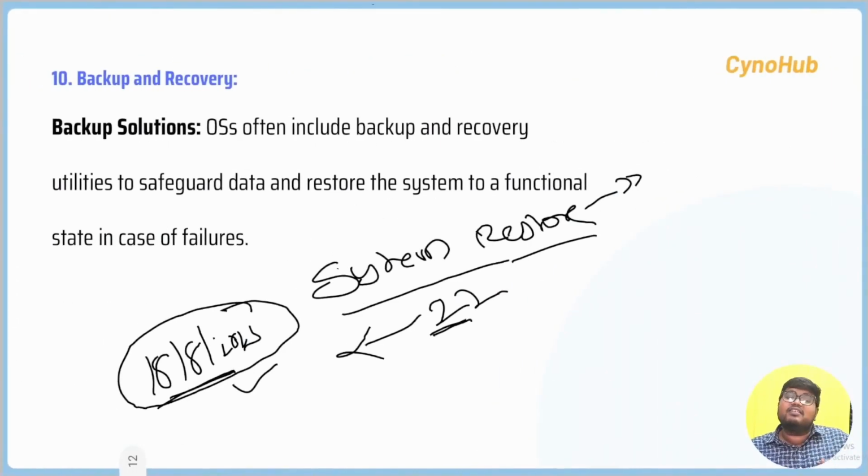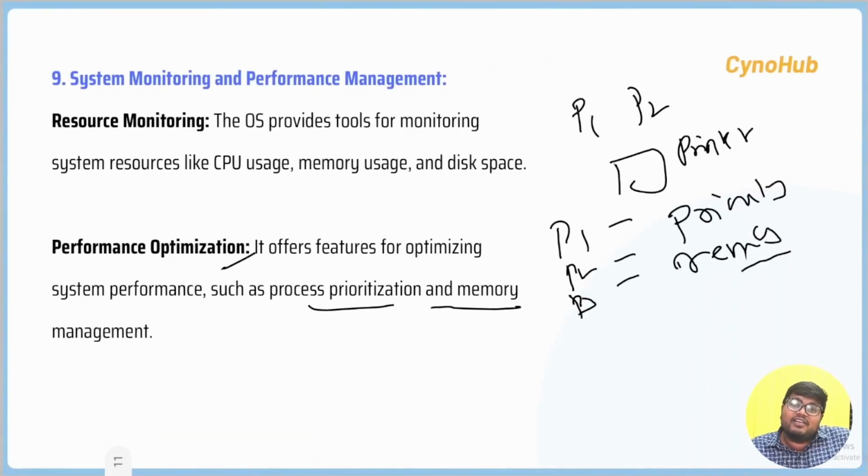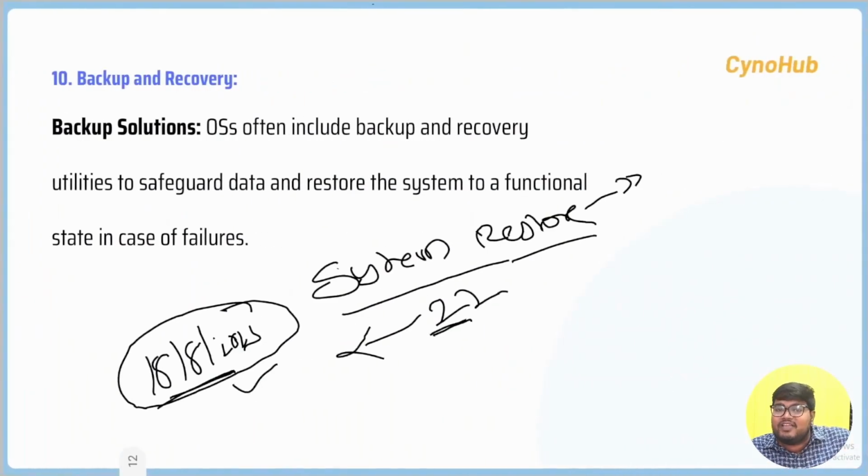So these are the functionalities of the operating system. And one thing you have to understand is that the operating system is an interface between the user and the system, but it is not only an interface. It provides functionalities like security, networking, backup, file allocation, memory allocation, scheduling, deciding which program has to be executed first and which is next, and optimization and system performance.